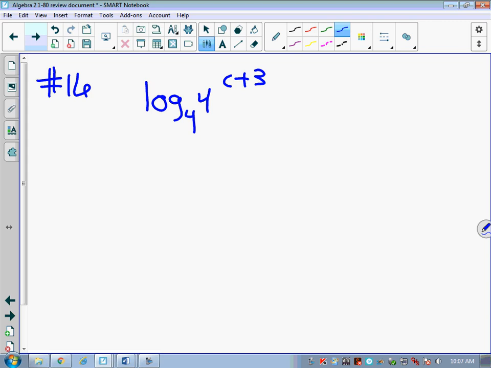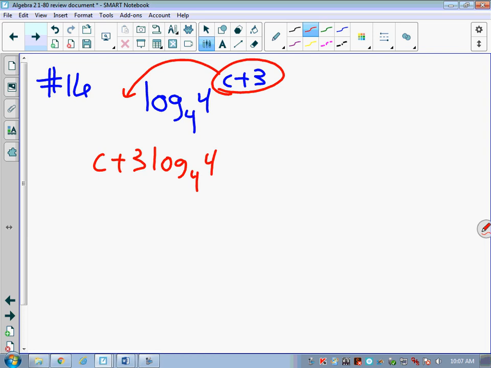Okay? Now, what I want you to understand about these is that c plus 3, anytime I have an exponent in a log, is that I can move this out front. Okay, does that ring a bell? I know it was one lesson a long time ago, and it was one part of a lesson on logs that we probably forgot. So I would write that as c plus 3 log base 4.